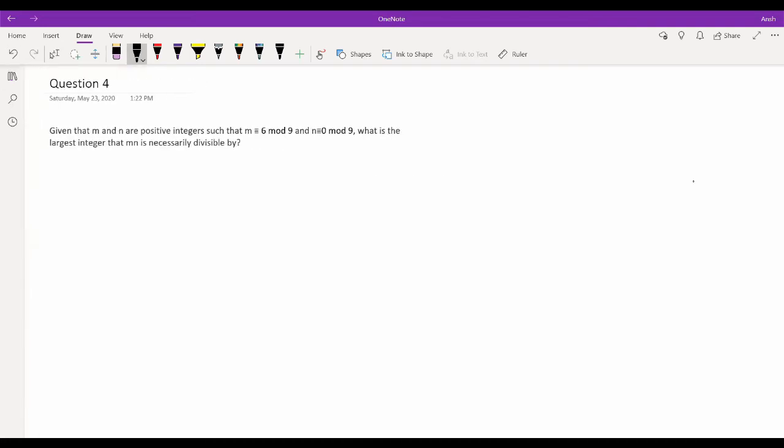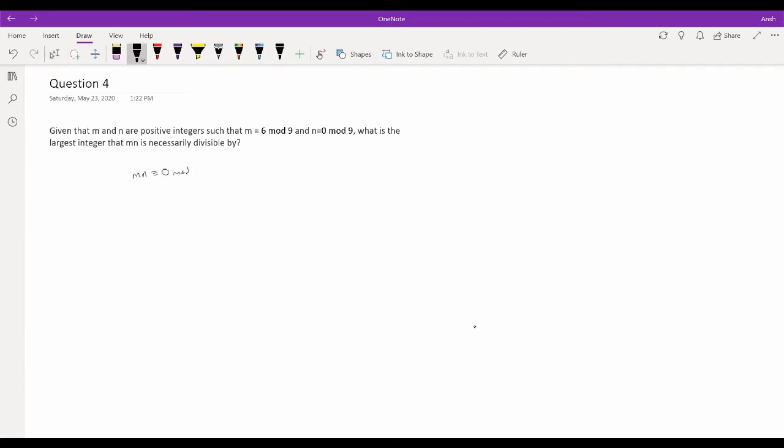So our next question: given that m and n are positive integers such that m is congruent to 6 mod 9 and n is congruent to 0 mod 9, what is the largest integer m times n is necessarily divisible by? So since m is 6 mod 9 and n is 0 mod 9, if we multiply m times n, that would just be 0 times something, mod 9, right?